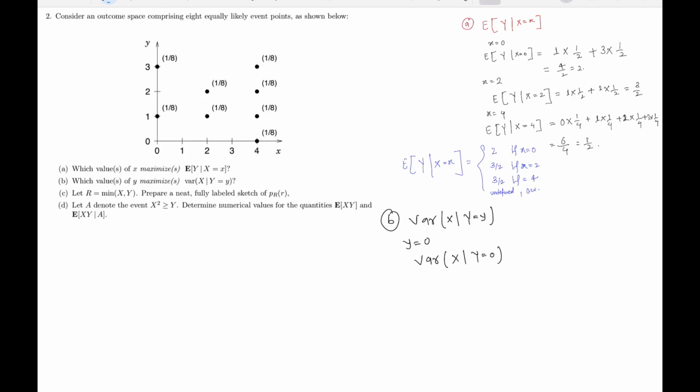0. If you recall the formula for the variance, let me directly write it in terms of the conditional variance.